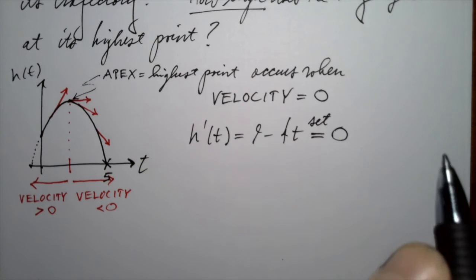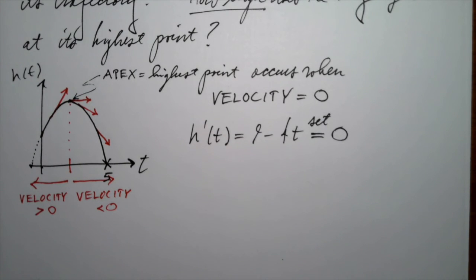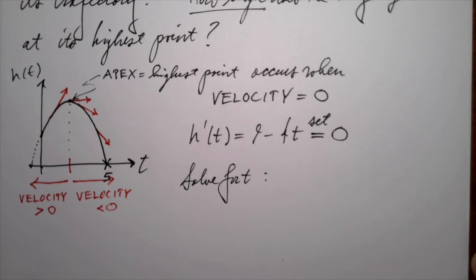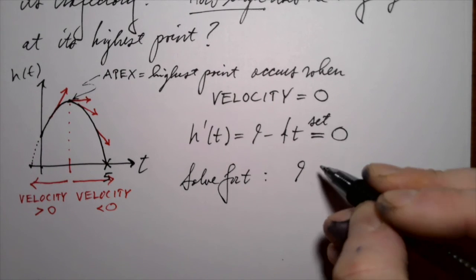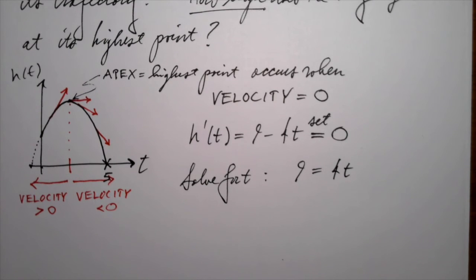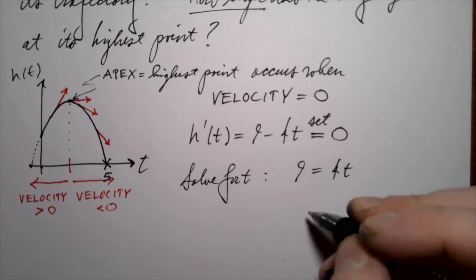We're just going to set that velocity equal to 0 and figure out the t value that makes the velocity 0. So now let's solve for t. Let's see, we have 9 minus 4t equals 0. So if I add 4t to both sides, if I move the 4t over to the right-hand side, it becomes positive 4t.